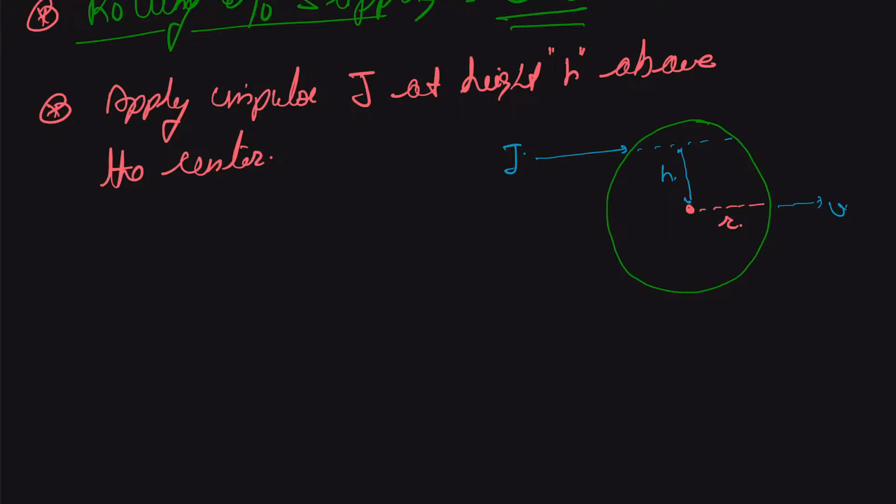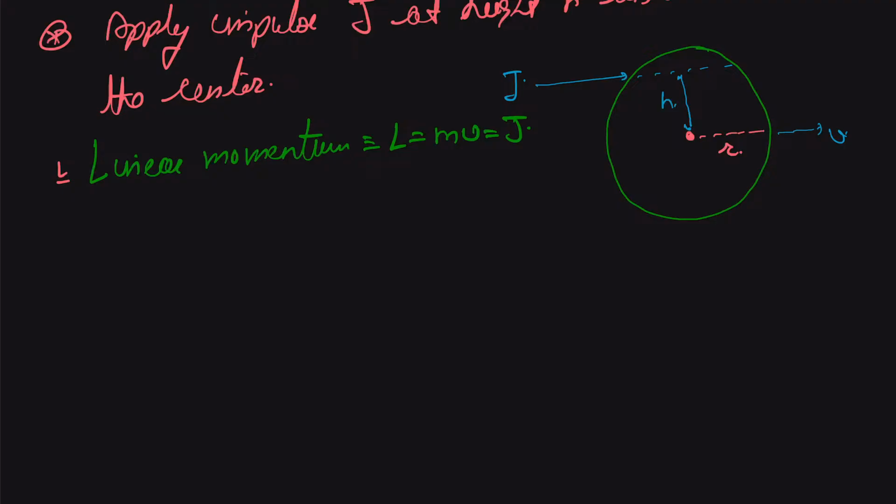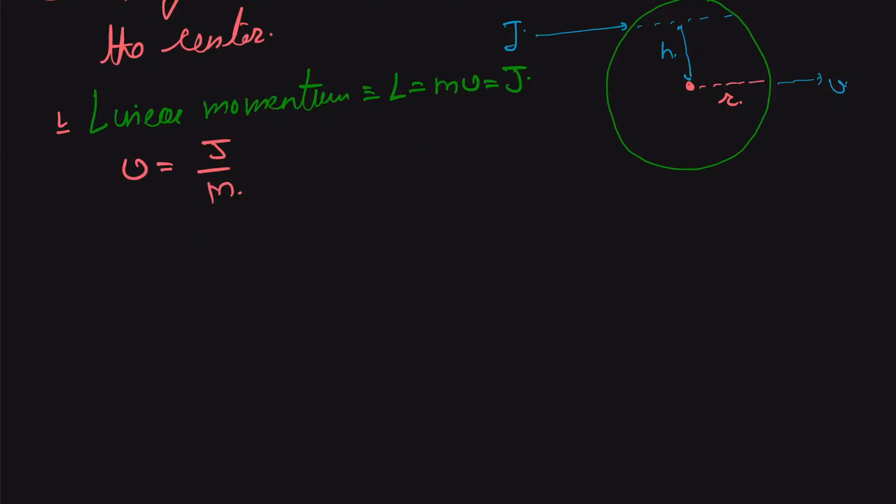Okay. And therefore from here we can write that the linear momentum, which will be our L, and that L will be equal to mass into velocity, okay, and that is our J. And therefore from here we can write that our V is equal to J upon M, and we can find out the angular momentum about the center.